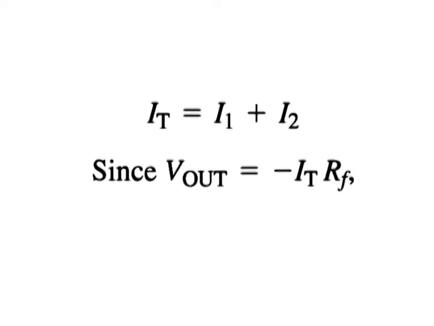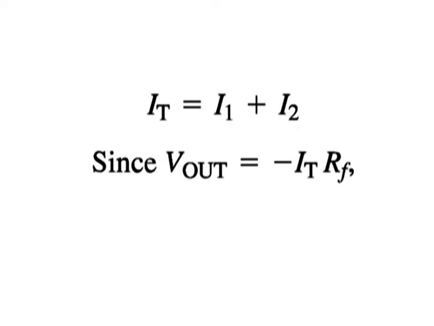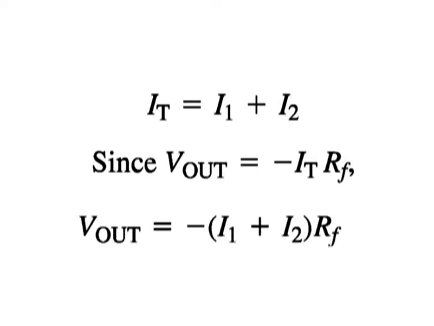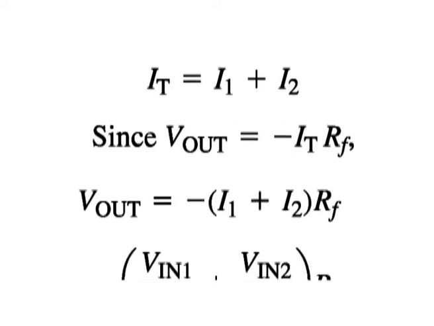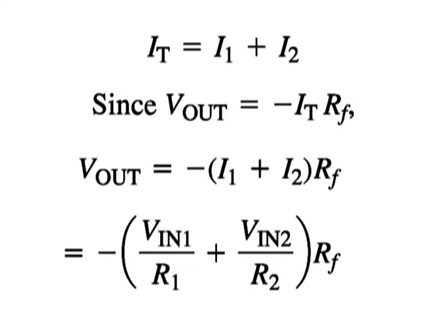Since V out is equal to minus I t into RF, the following steps apply. V out is equal to minus (I 1 plus I 2) into RF and is equal to minus (V in 1 over R 1 plus V in 2 over R 2) into RF.